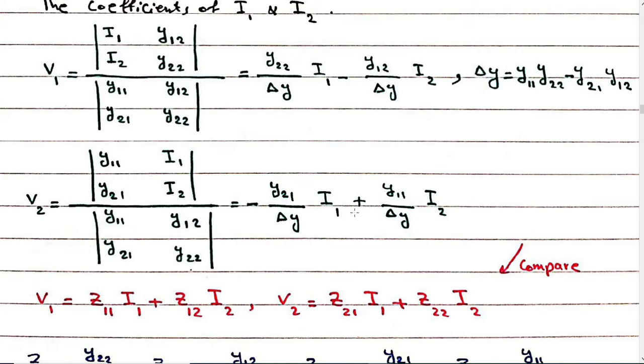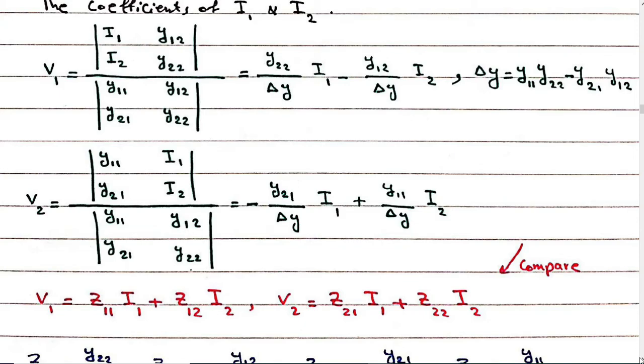Again, in a similar way, for V2, we have Z21 multiplied by I1 plus Z22 multiplied by I2. So here we have V2 as something multiplied by I1 plus something multiplied by I2. So the first coefficient is Z21 and the second coefficient is Z22.